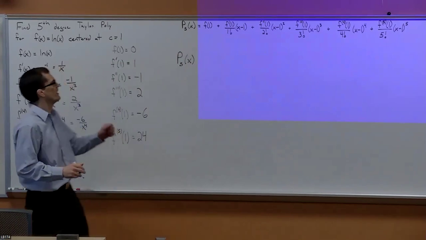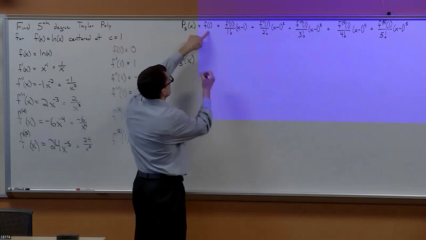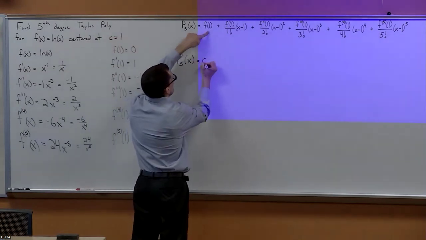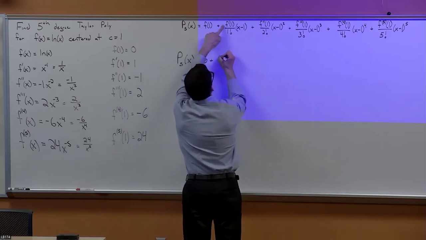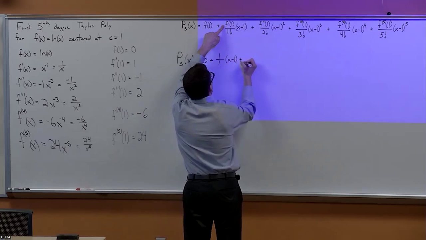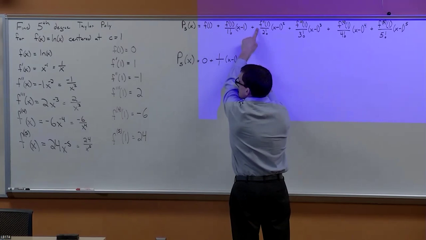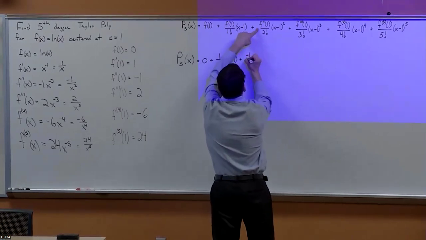Now let's plug in the numbers we just found. F of 1 is 0, so this thing is 0. F prime at 1 is 1. Second derivative at 1 is negative 1.